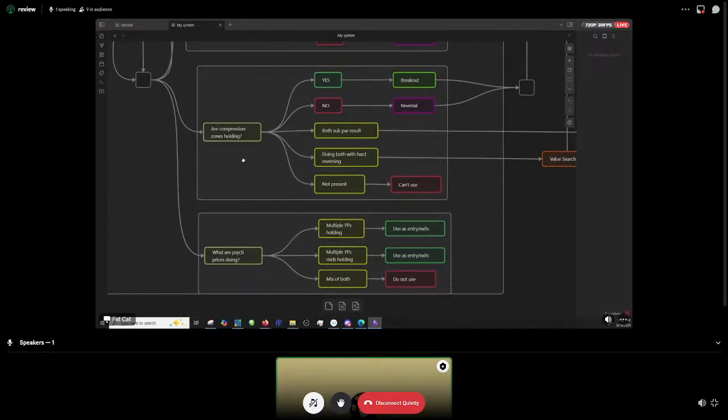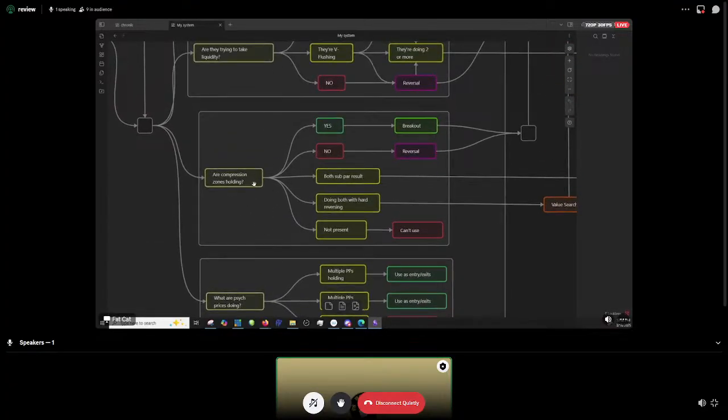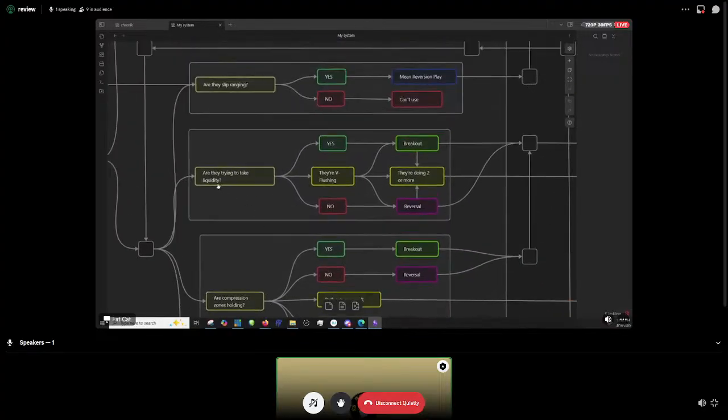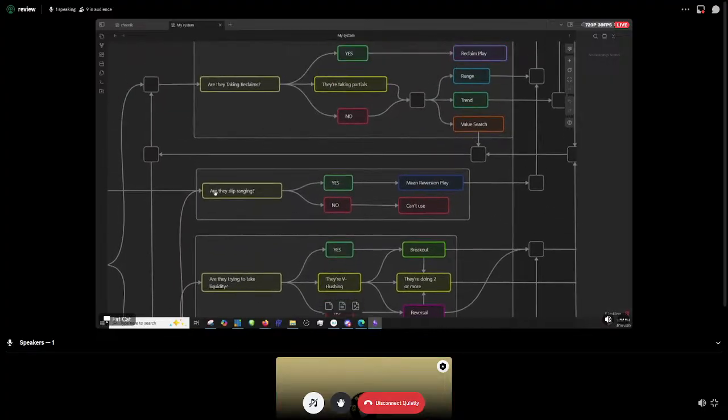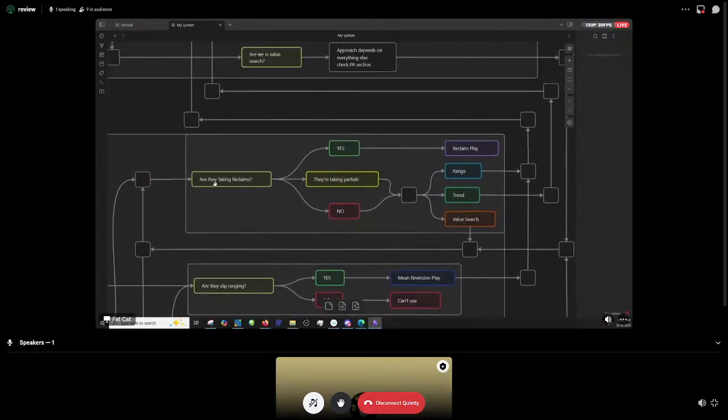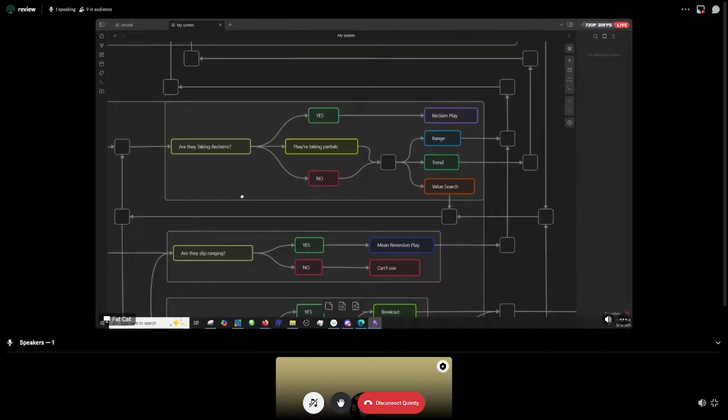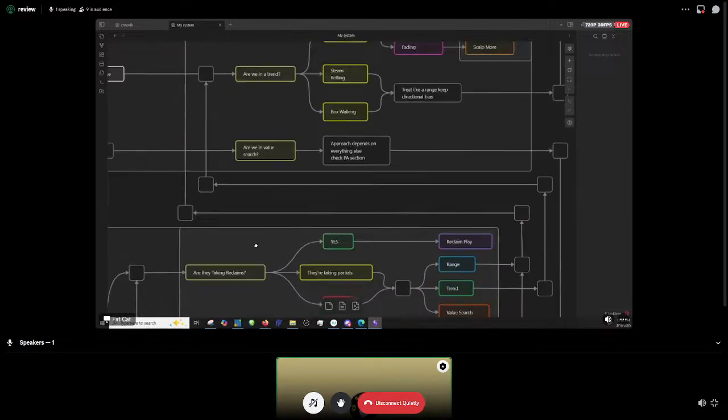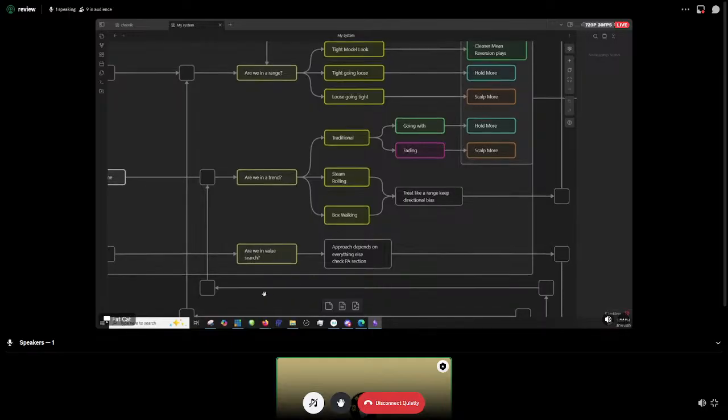Psych prices really don't need a compression zone, so I would have a compression tag: compression held, compression failed. Are they trying to take liquidity, yes or no? They're V-flushing. Are they slip ranging? And then reclaims. Stuff like that, because that's basically what we're doing.